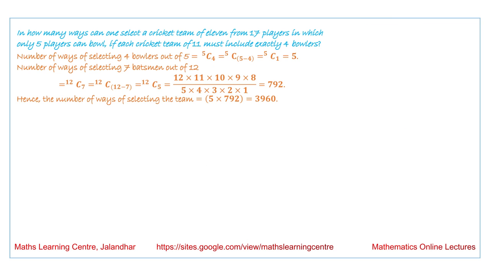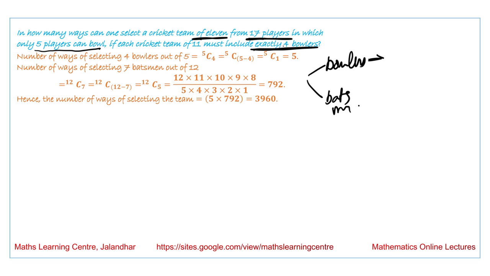Next is, in how many ways can one select a cricket team of 11 from 17 players in which 5 players can bowl, if each cricket team of 11 must include exactly 4 bowlers? So it means we have two kinds of players. One is bowlers, and second, suppose we say they are the batsmen.